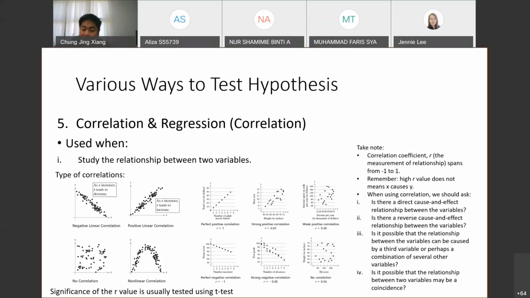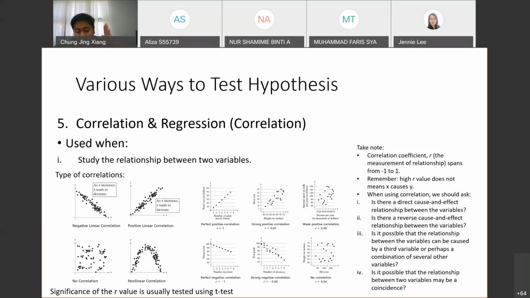Because you have to come up with a hypothesis, you cannot just simply come up with any hypothesis. It has to make sense. You have to have background knowledge of your study. So you have to ask yourself, X and Y, are they really related? Then, is there a reverse cause and effect relationship? Basically, this is the same: does X cause Y or does Y cause X?